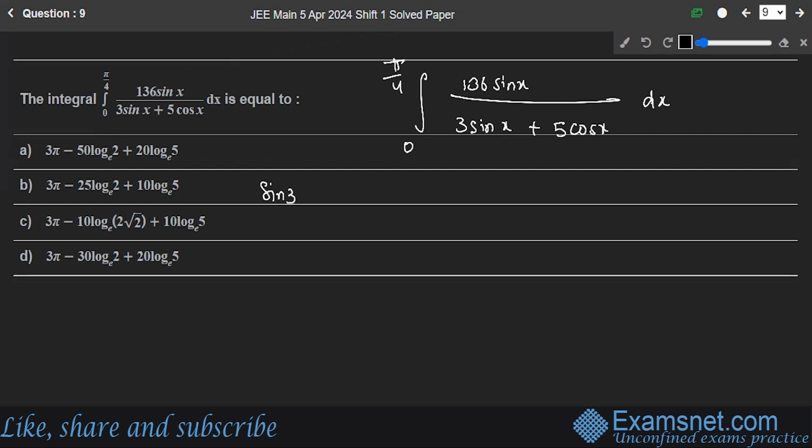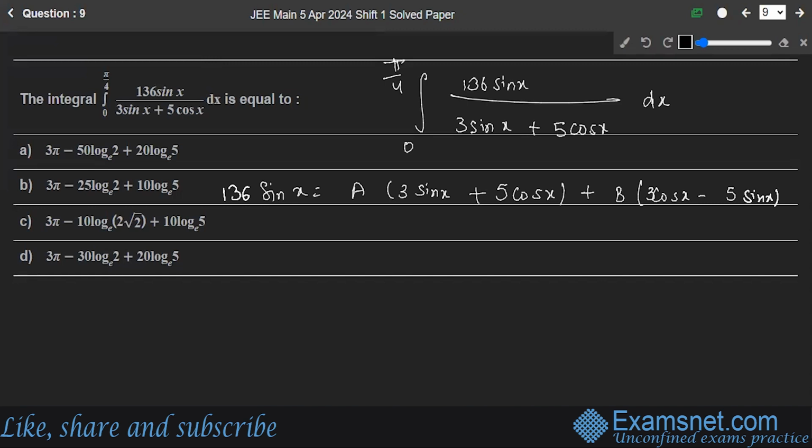So let's say 136 sine x is equal to a into (3 sine x plus 5 cos x) plus b into (3 cos x minus 5 sin x).